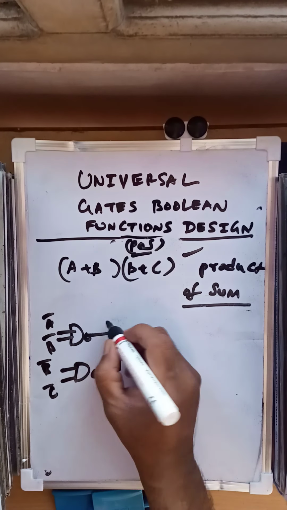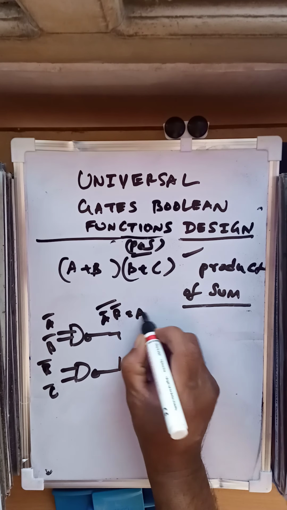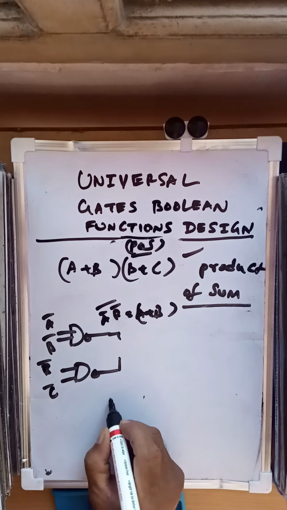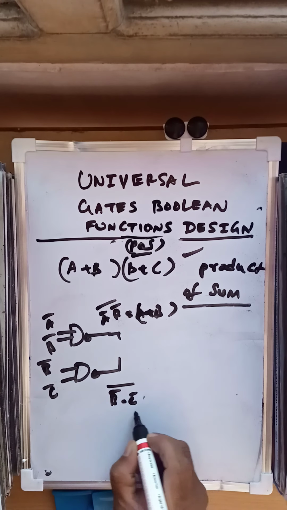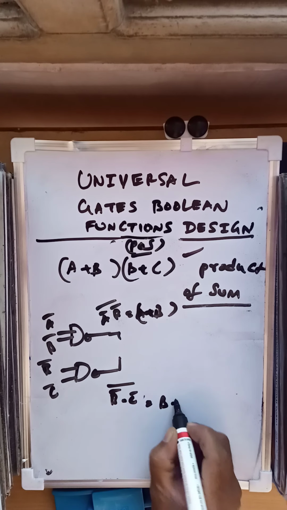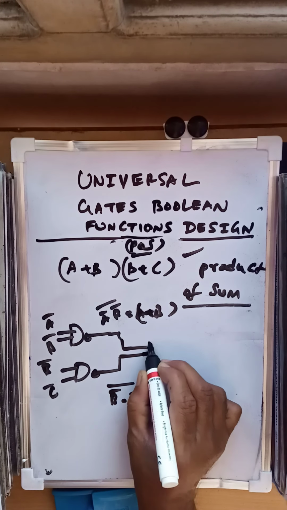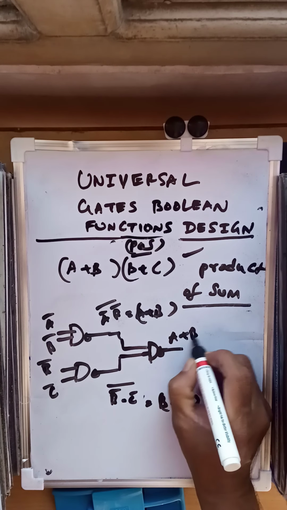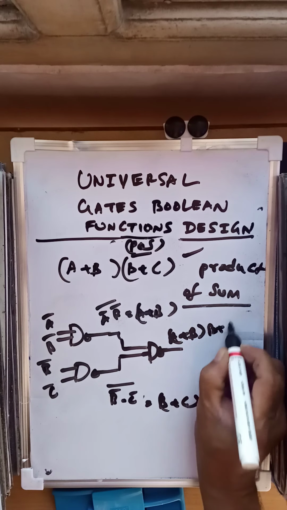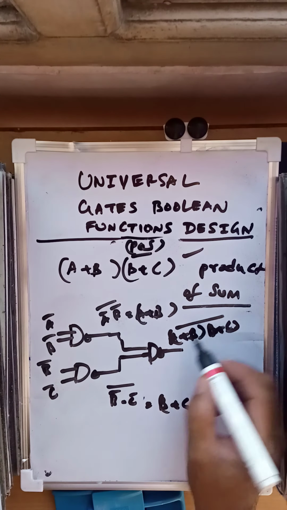Then this becomes A bar B bar whole bar, that means A plus B, and this becomes B bar dot C bar whole bar, that means B plus C, and we give these inputs again to a NAND gate, that means A plus B into B plus C whole bar, and we need to invert them again.